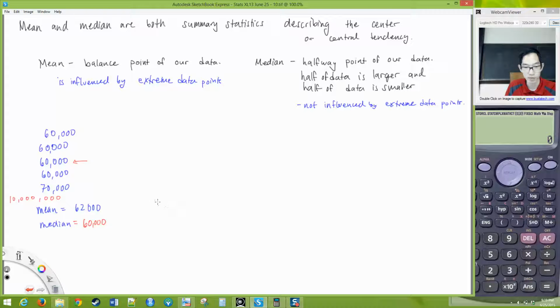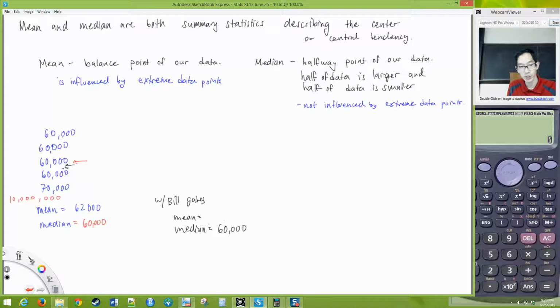So with Bill Gates, okay, the mean is now much bigger, and the median is what? The median is still 60,000, right? It's now in between this, right? I would have 3 numbers bigger and 3 numbers smaller, so the median would be 60,000.